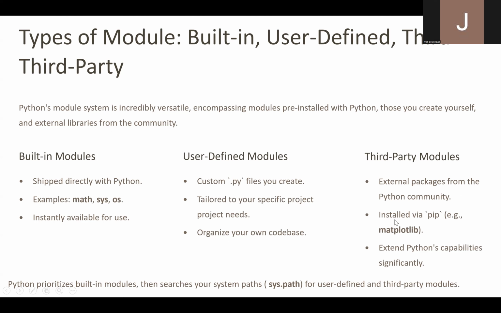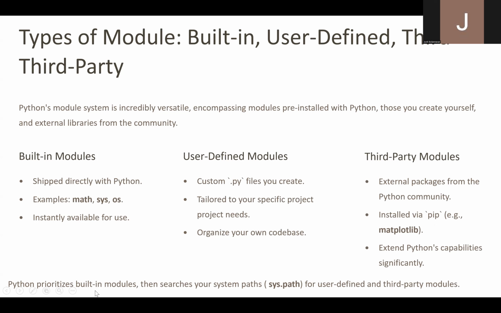Just by installing using pip. For example, matplotlib is one of the modules which helps to plot graphs and more. If you want to use this third party module, then you have to use pip. Then it extends Python's capability significantly by using external libraries.